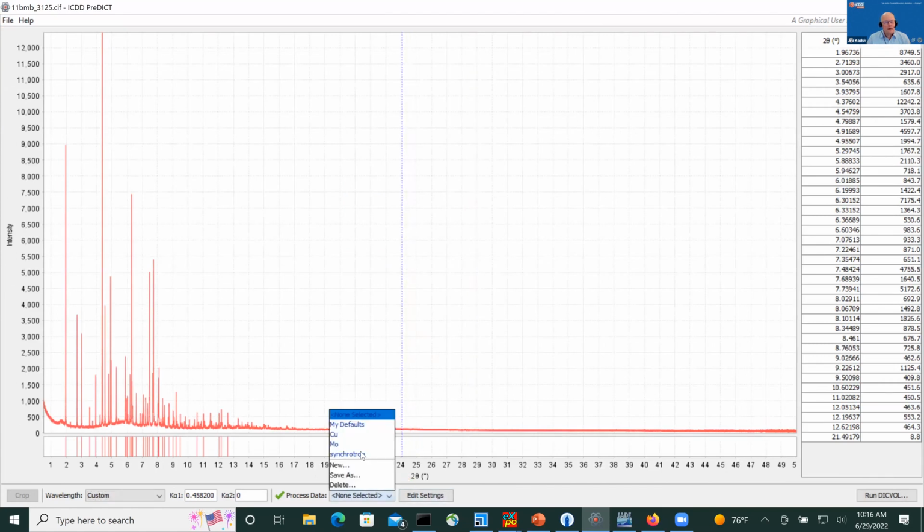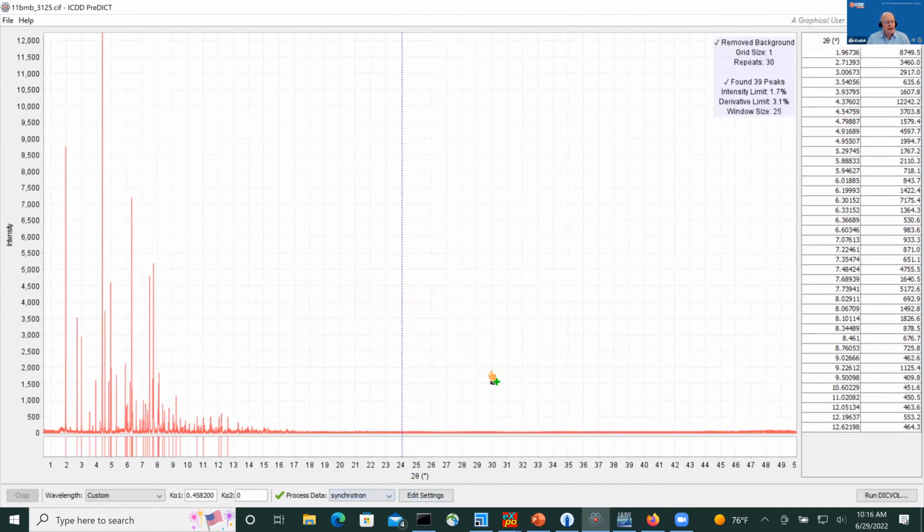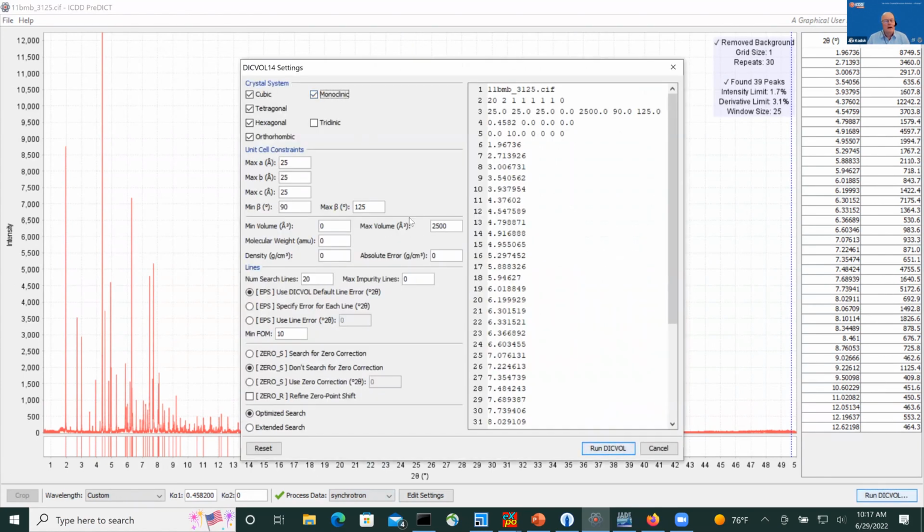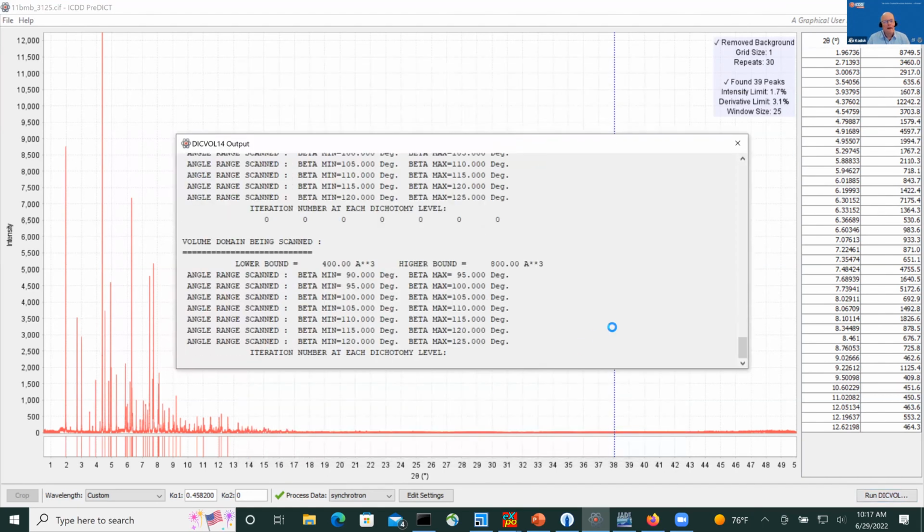I have some synchrotron defaults, and again, it would normally be worth looking at the peak list a little more carefully, but we'll just run Dicvol. I do want to include monoclinic here. I find it useful to include the possibility of an impurity line, as there always seems to be one line that's located less precisely than the others. And I'm going to add a zero correction and just run Dicvol.